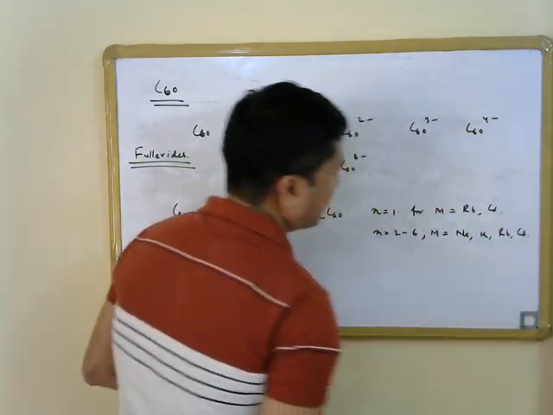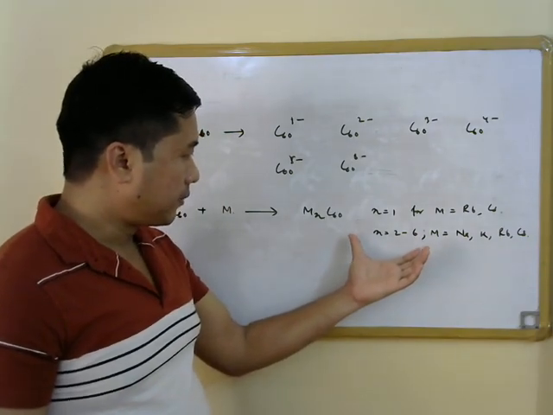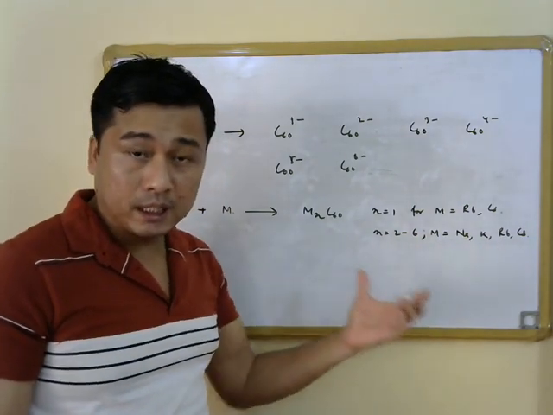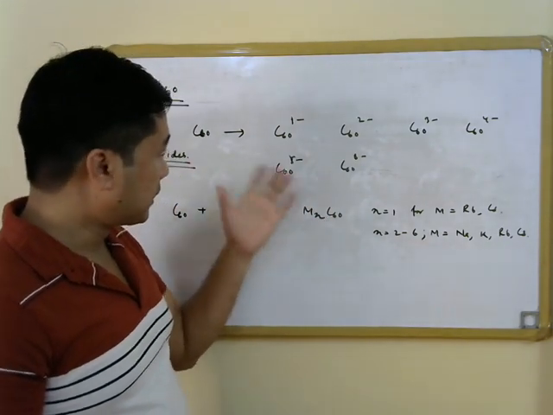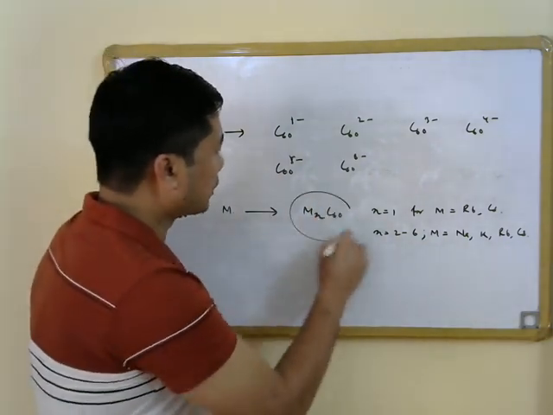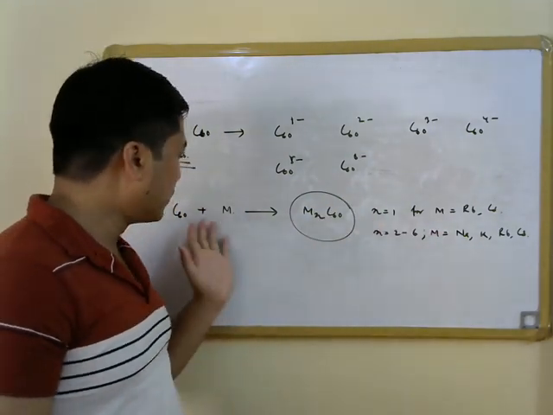So by using different alkali metals as reducing agents, we can make these fullerides when we treat fullerene or C60 with different alkali metals.